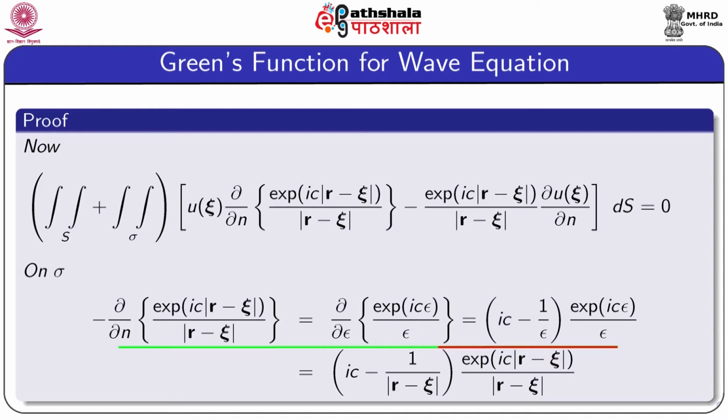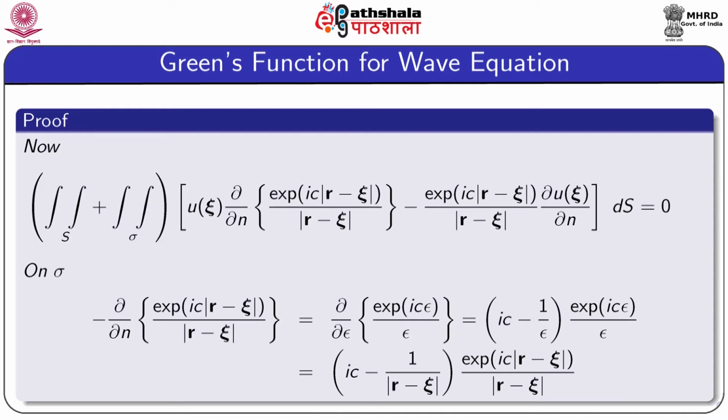If we compute this, its value is i c minus 1 by epsilon into e to the power i c epsilon by epsilon. So, this epsilon is nothing but mod of r minus xi.